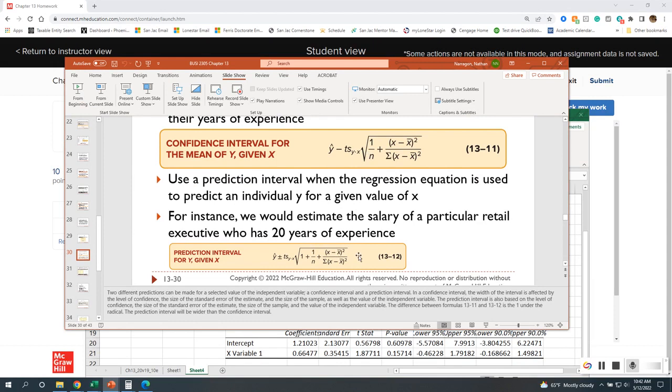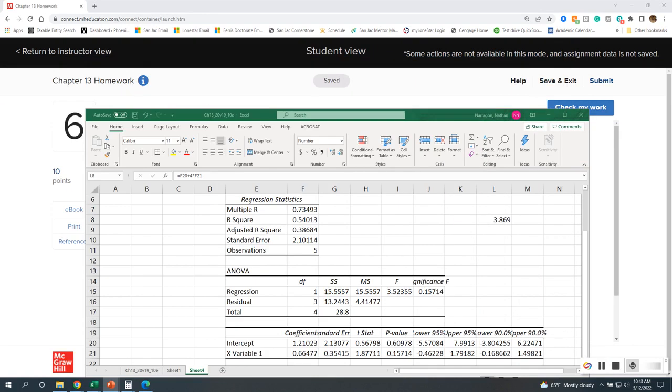And then the prediction interval, which I believe is the second one, is going to be this one right here. So we're going to have to do some math. Everybody's going, oh no, no more math. Remember, the only difference between these two formulas is the one that's added right here. Okay. So you know how I like to play these?